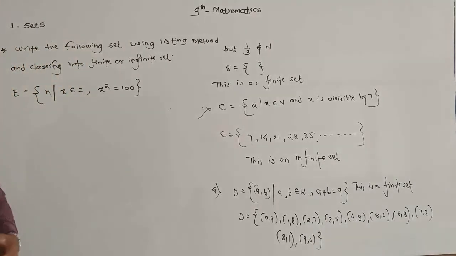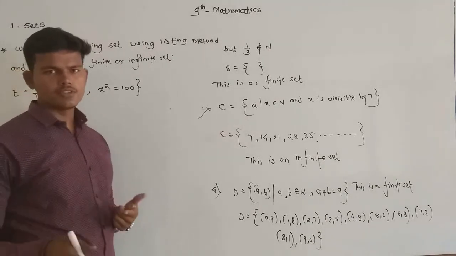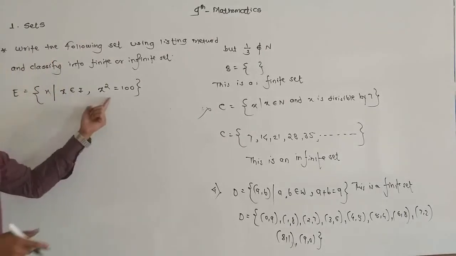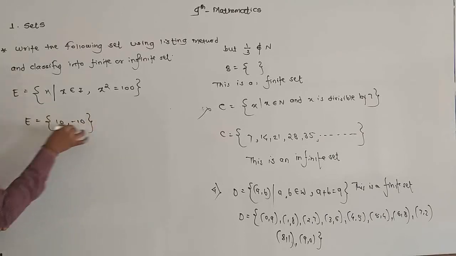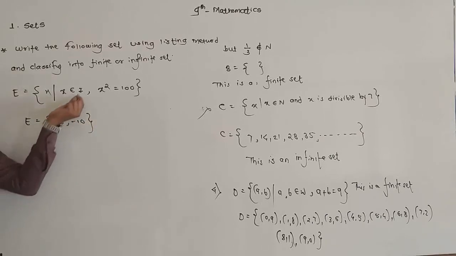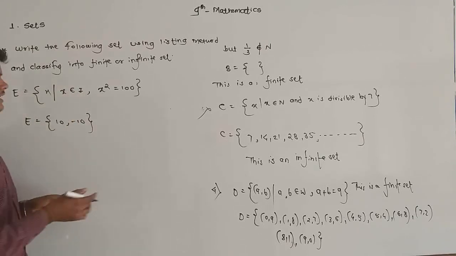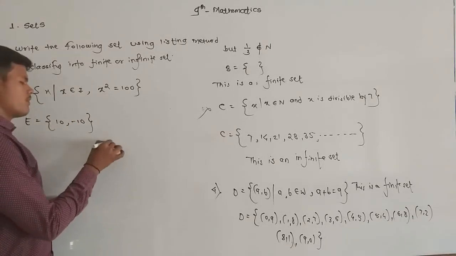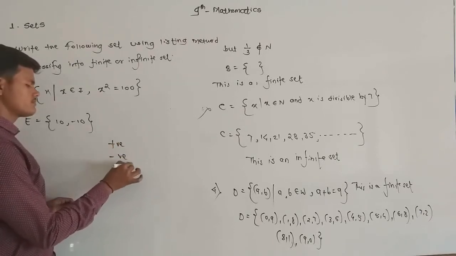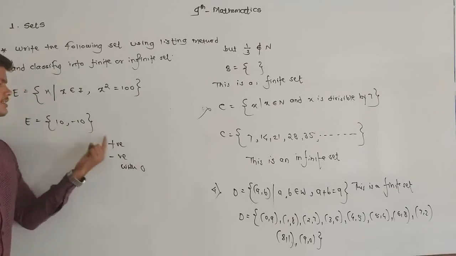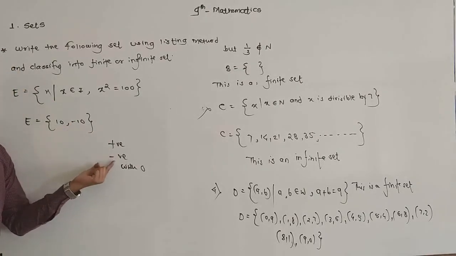Why? Because the square of every negative number is always positive. That's why we get the values of x as E equals plus 10 as well as minus 10. Here plus 10 belongs to integers as well as minus 10, because integers consist of positive integers as well as negative integers with 0. So 10 is a positive integer and minus 10 is a negative integer.